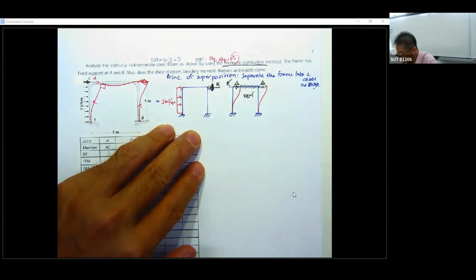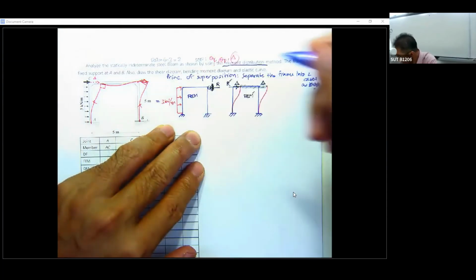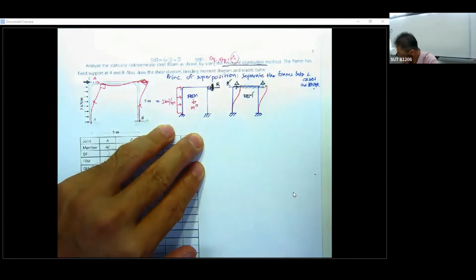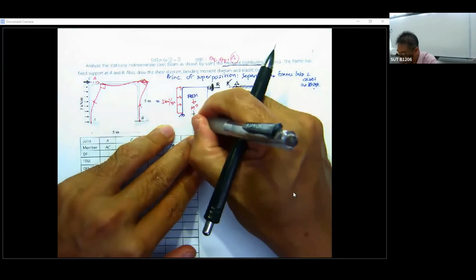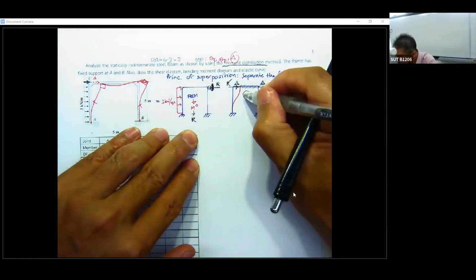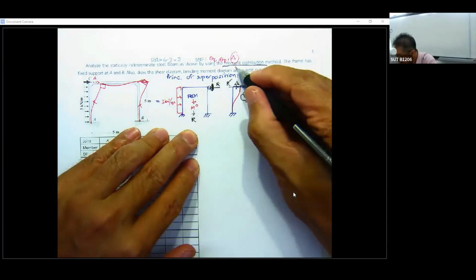Okay, for this one you have the fixed end moment due to the loading, and then you can determine the M super knot, and from the M super knot you can determine the force R. This is considered case one. For this one you assume this, and then you use the moment distribution.